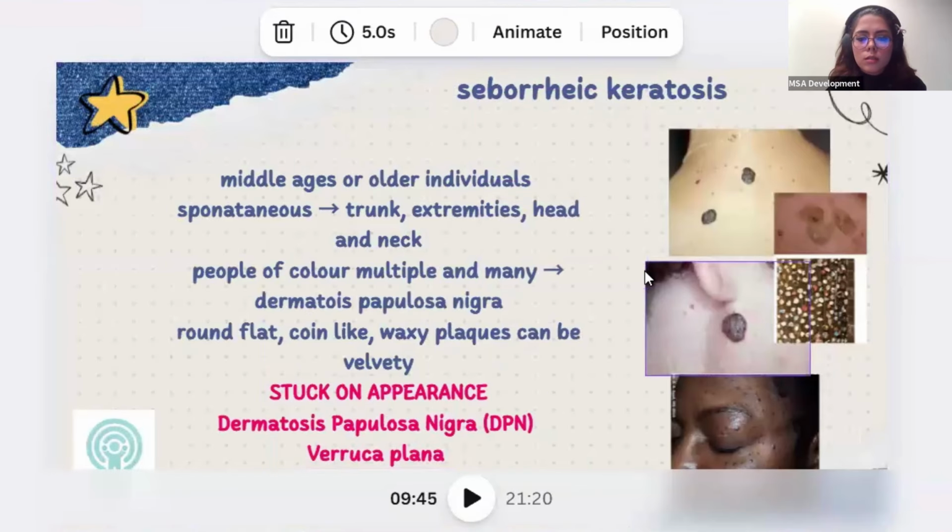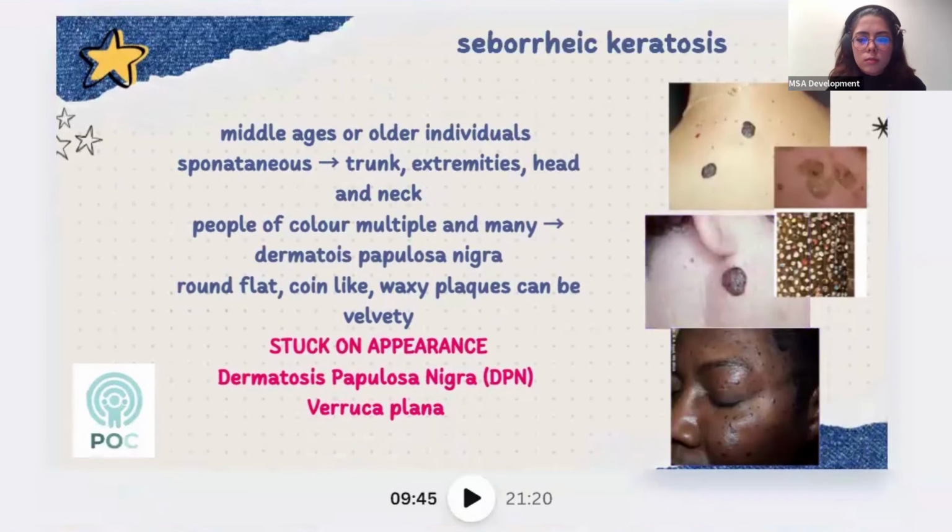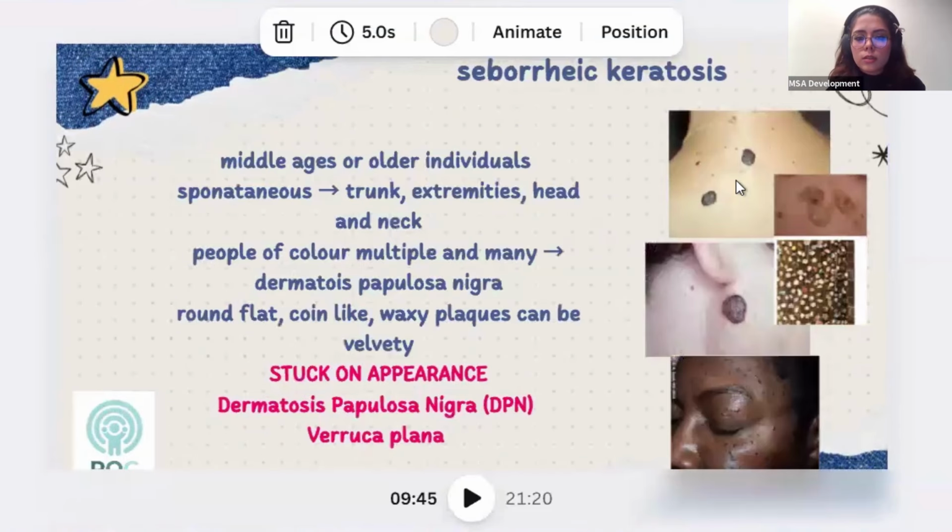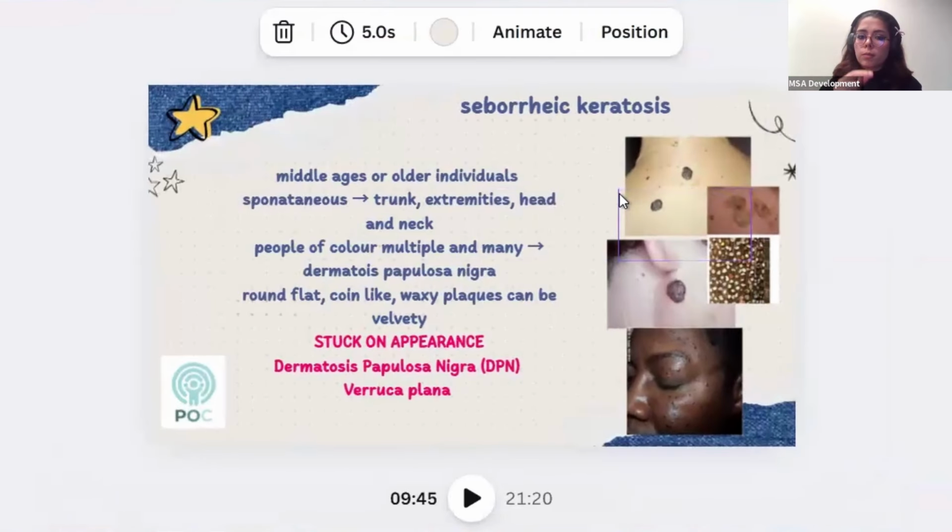Seborrheic keratosis. Okay. Seborrheic keratosis is what I mentioned before. The whole gist of this is that it's a stuck-on appearance of a lesion.